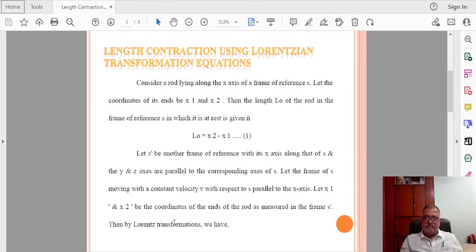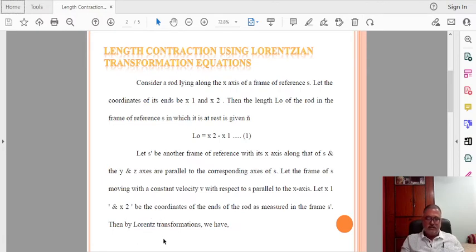Very simple thing. For the first frame of reference, that is S, we are considering the x-axis, and the Y and Z parallel, and for S prime we are considering x1 prime and x2 prime.